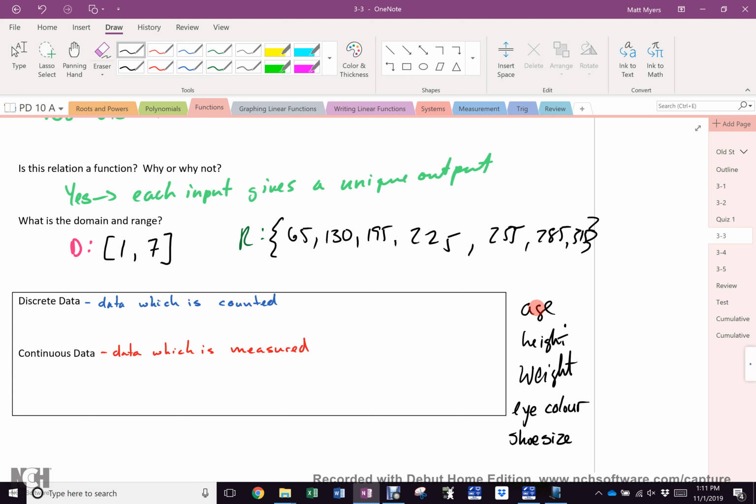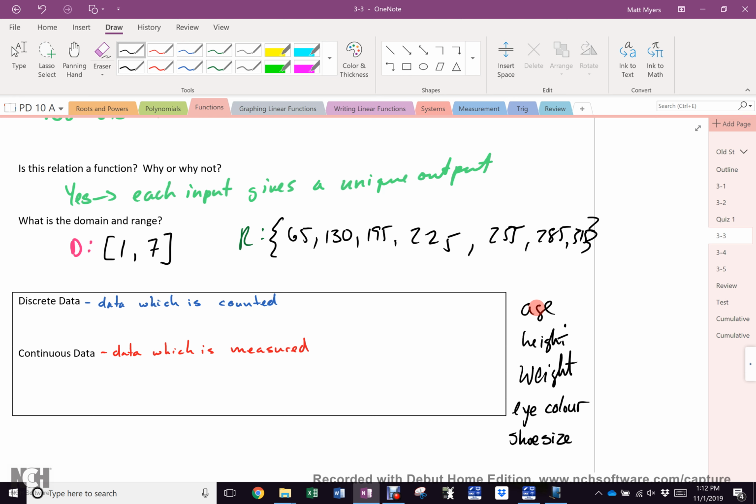Excellent. Now, age is the tricky one. Is age continuous? Sure it is. But how do we actually count it? We actually count our age, don't we? None of you say, I'm 15 and 293 365ths old.